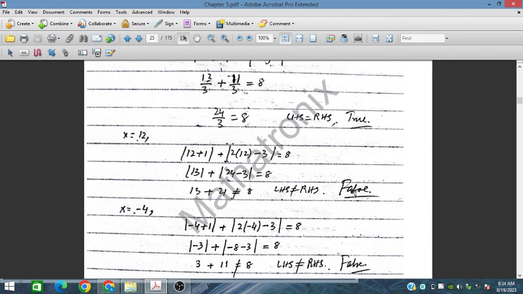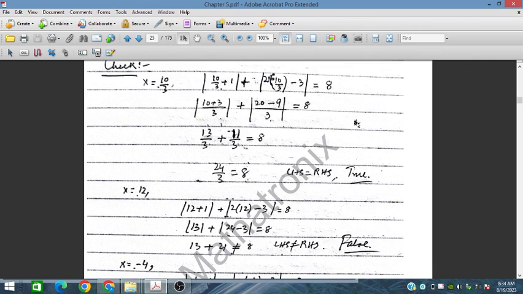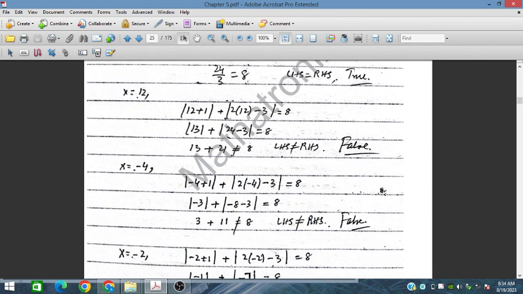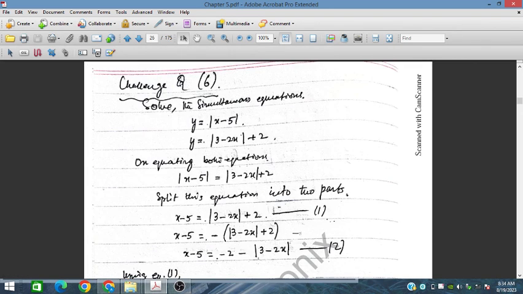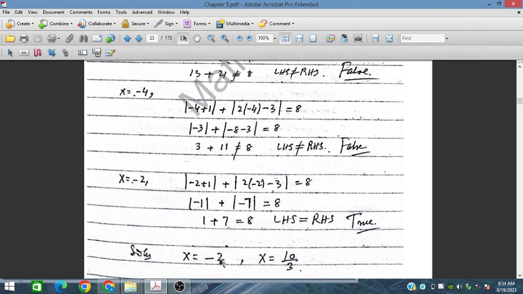We see that this is false, this is false, this is true. So x is equal to 10 upon 3 is the true solution, and x is equal to minus 2 is the true solution. So we obtained 4 solutions, but only 2 satisfy. So we have this minus 2 and 10 upon 3. So this is the actual solution.